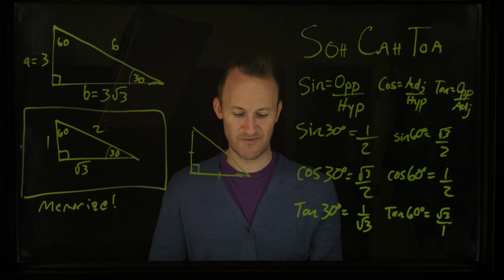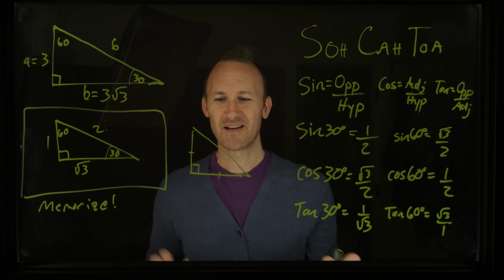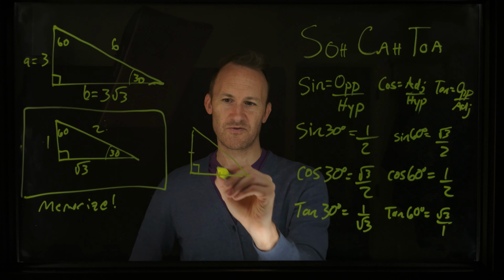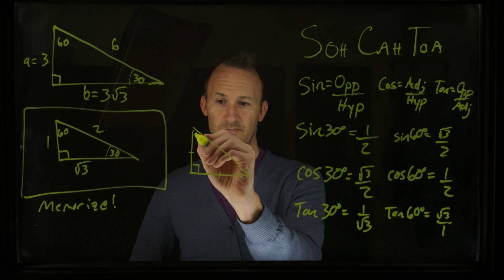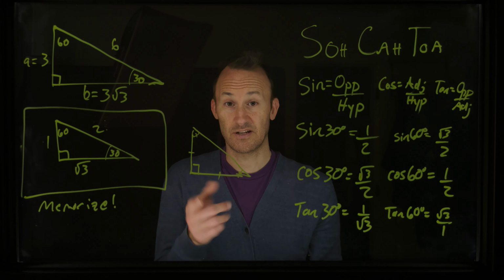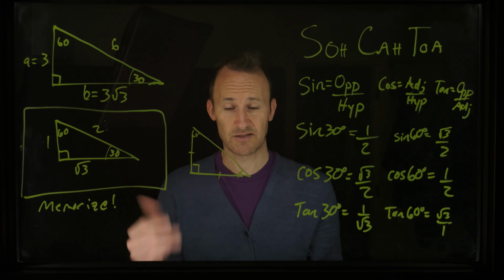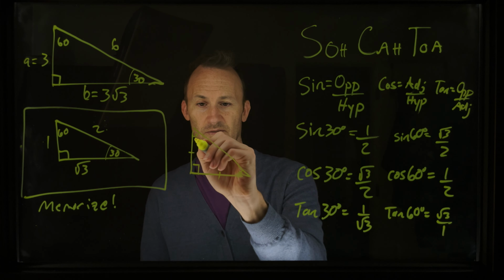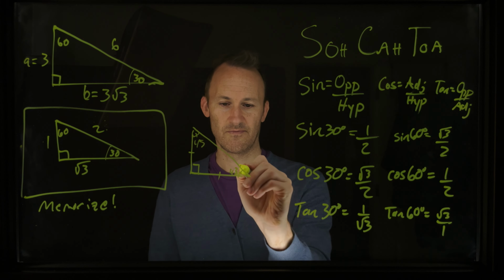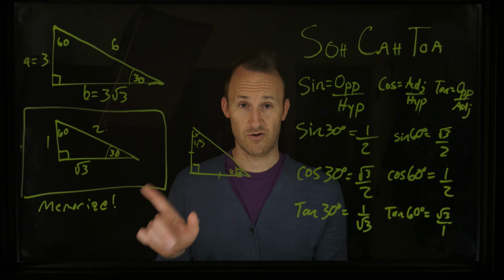My picture is a little off there, but I try. And if those two sides are the same, then these base angles are the same here. Okay. And the base angles have to add up to 90 because that's 90. Sum has to be 180. So they must be 45. Okay. So this is now a 45, 45, 90 triangle.